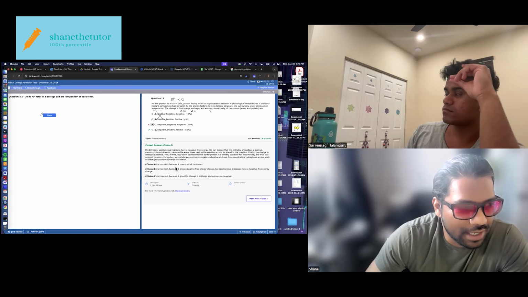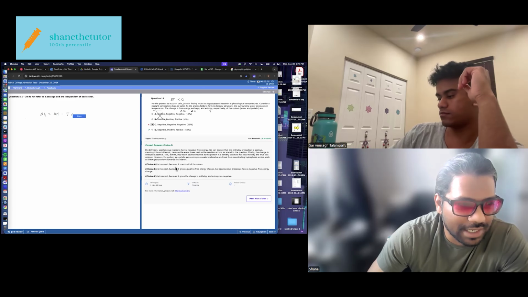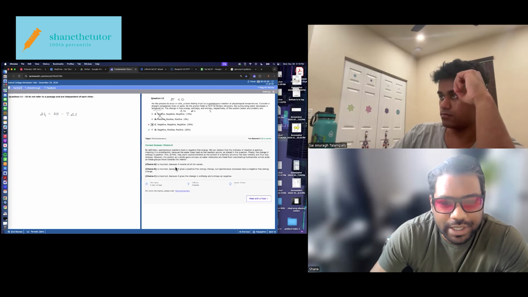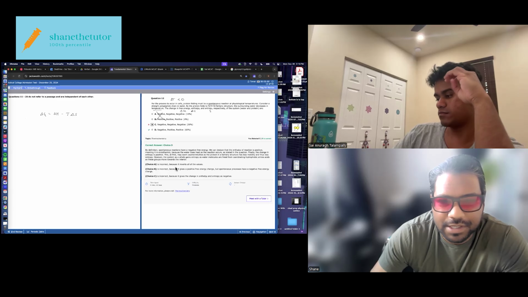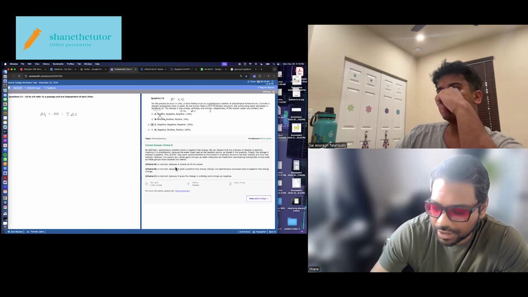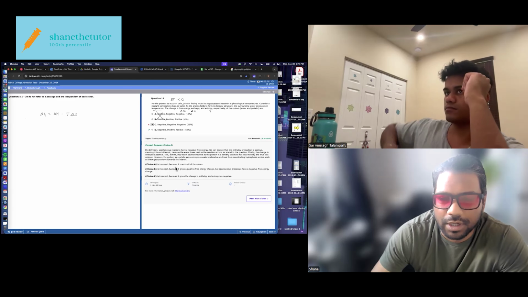So we can take our delta G is equal to delta H minus T delta S, right? So if its temperature is decreasing, wait, let's see.